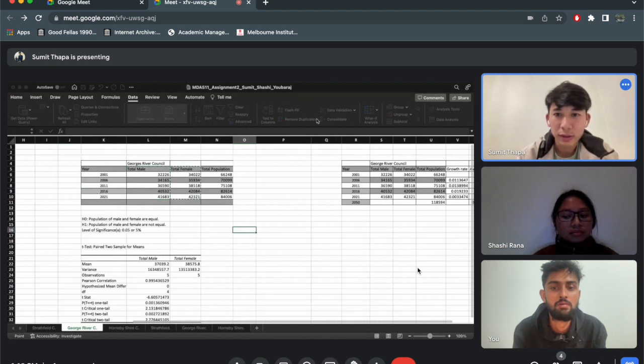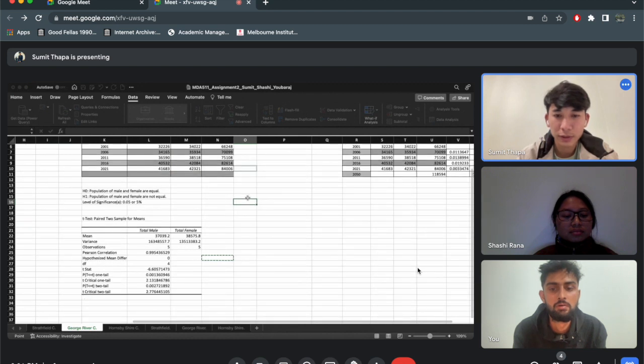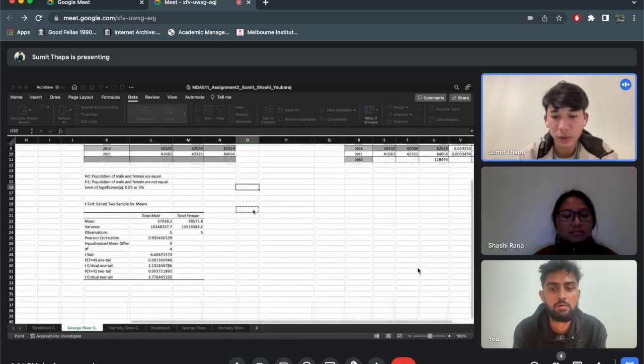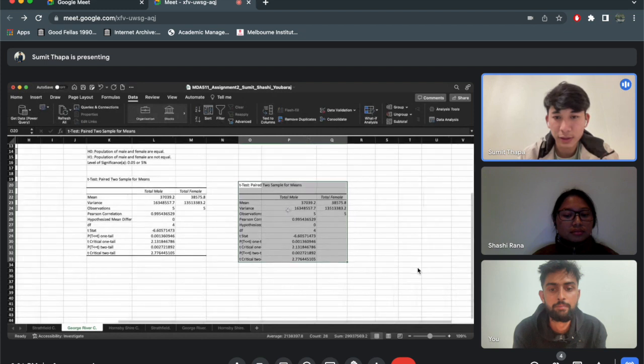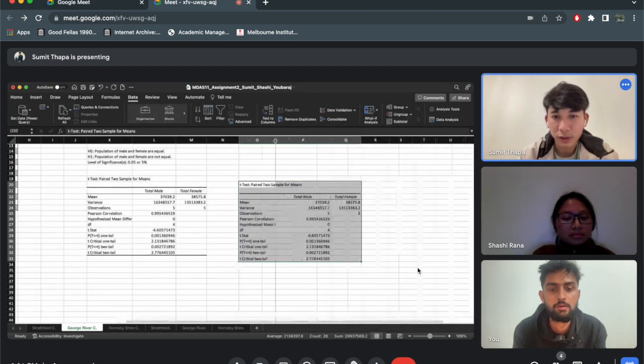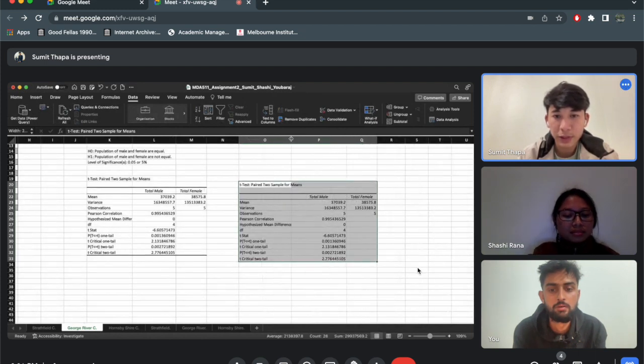We ticked the labels box, selected the output range, and entered it. This is the output we got for our t-test.